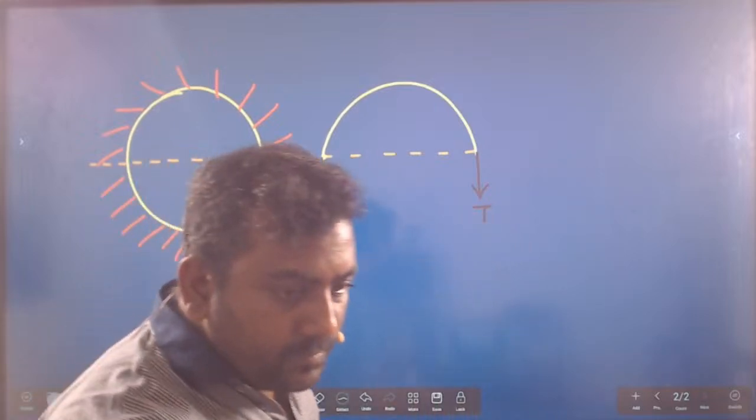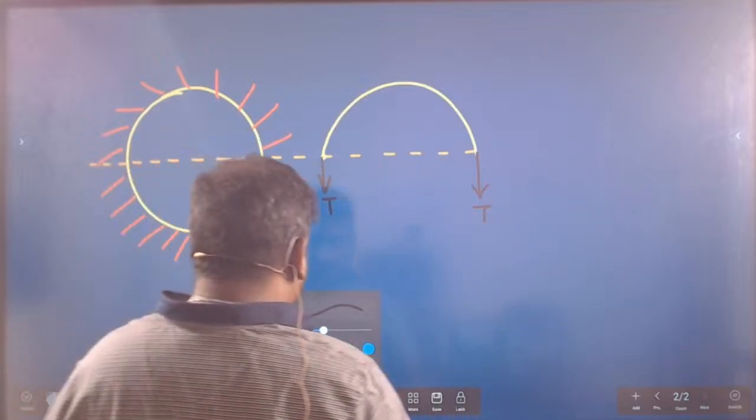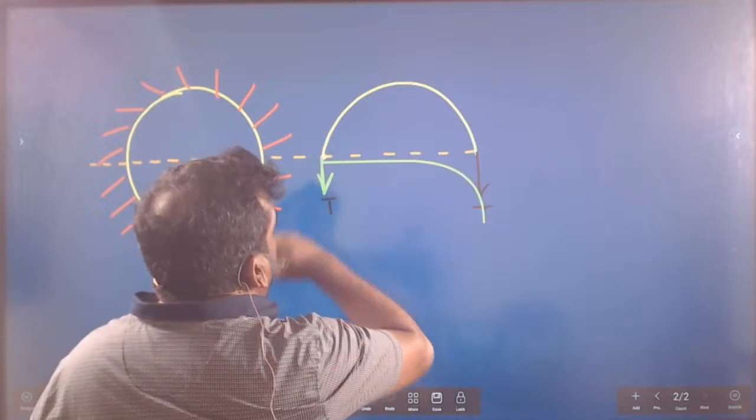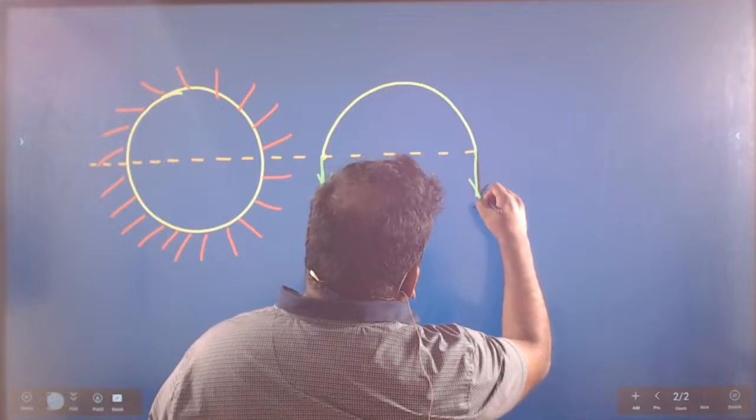Look at the board. I'll draw it in a different color. This corner there is going to be a tension.